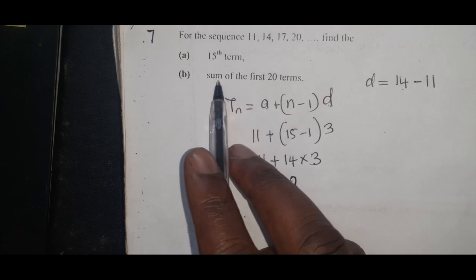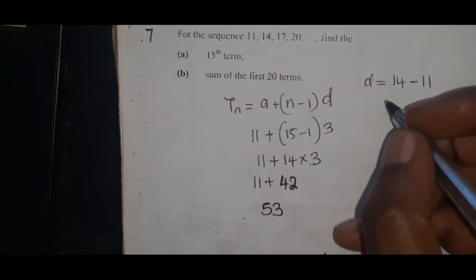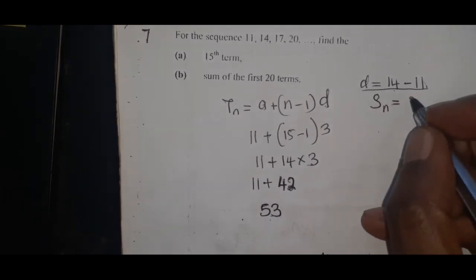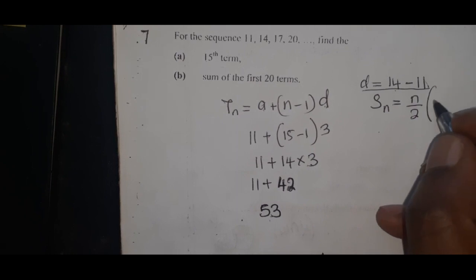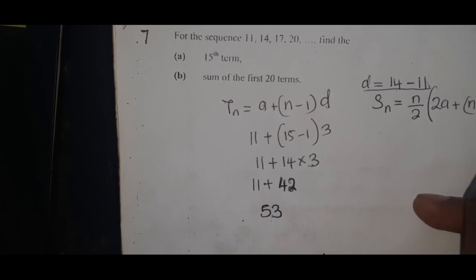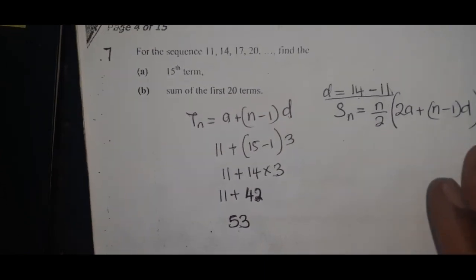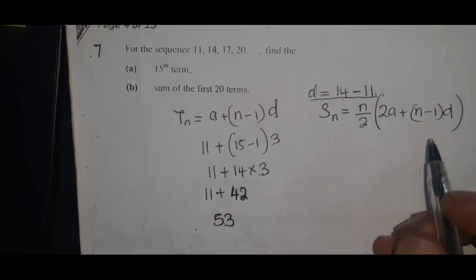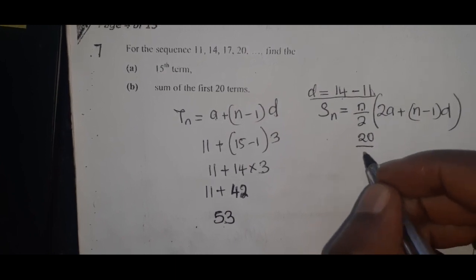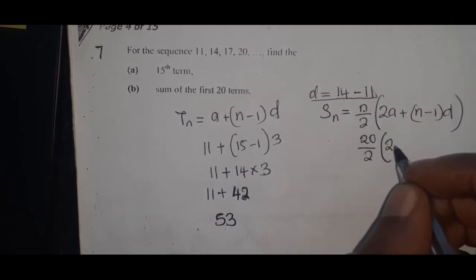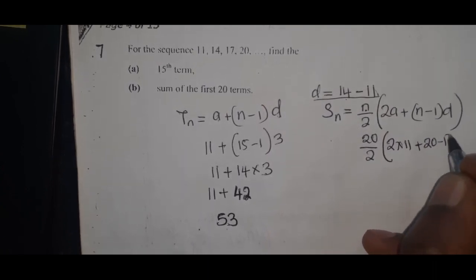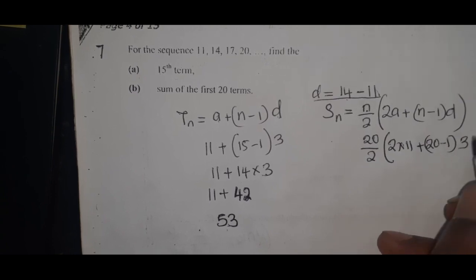The sum of the first 20 terms. So here we use the formula n over 2 (2a plus (n minus 1)d). This is the formula that we use. Find the sum. So 20 terms. So when we say 20 over 2 multiplied by 11 plus 20 minus 1, then multiplied by 3.